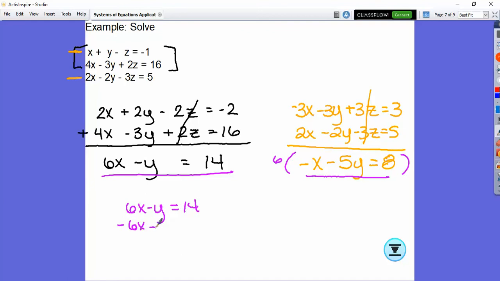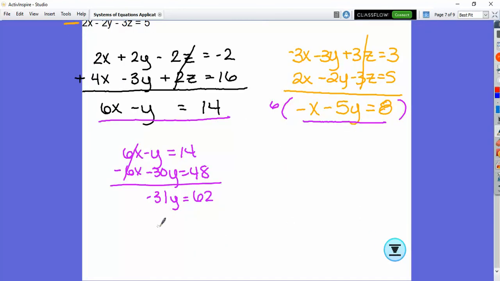So the first one didn't change. And we get y is -2.